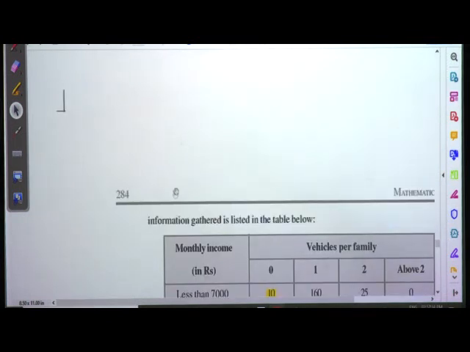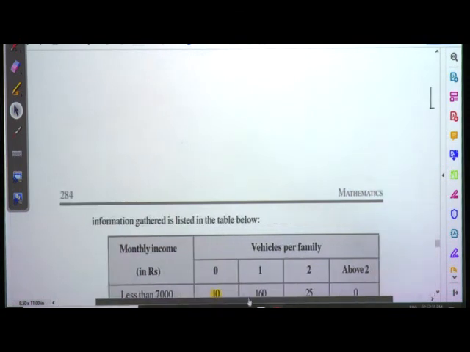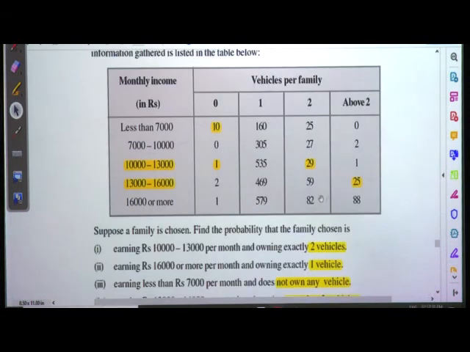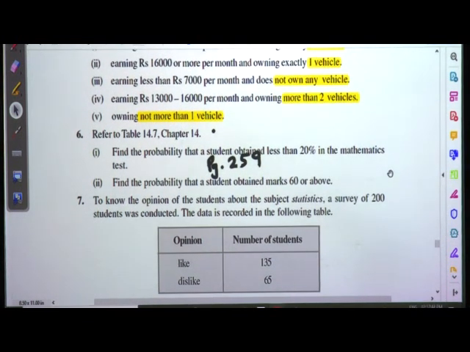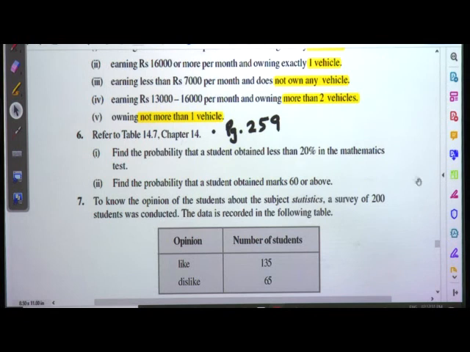We shall go to our exercise, from where we referred this sum. Here you can see, this is our question. Now what does the question say? Here the question says: find the probability that a student obtained less than 20% in the mathematics test, and second, find the probability that a student obtained marks 60 or above.